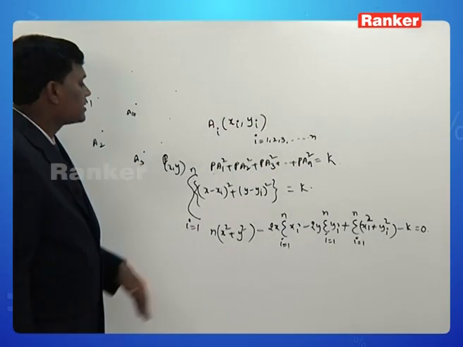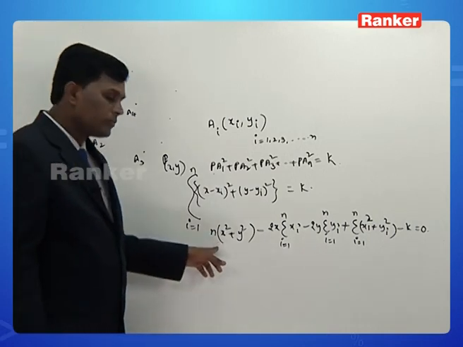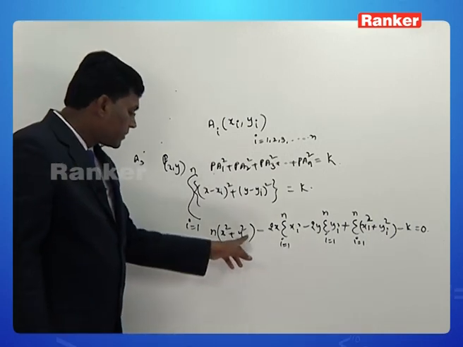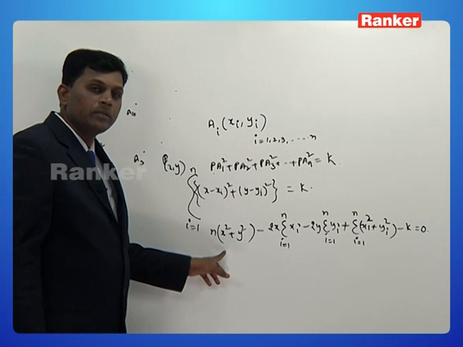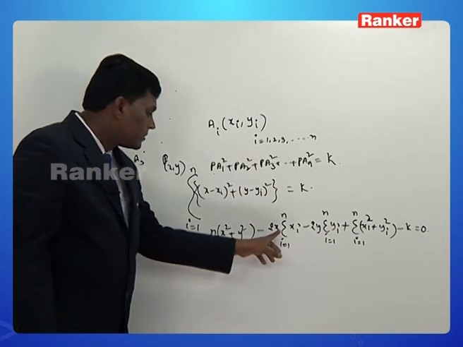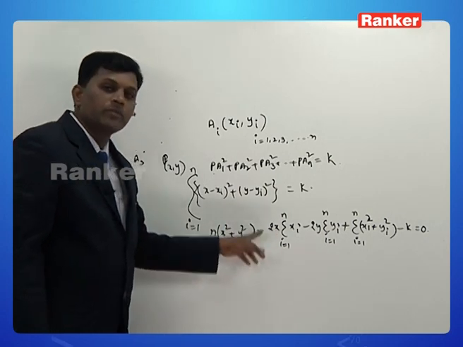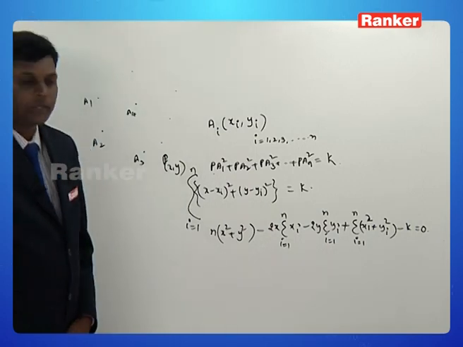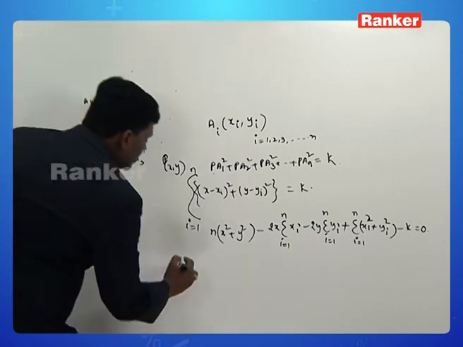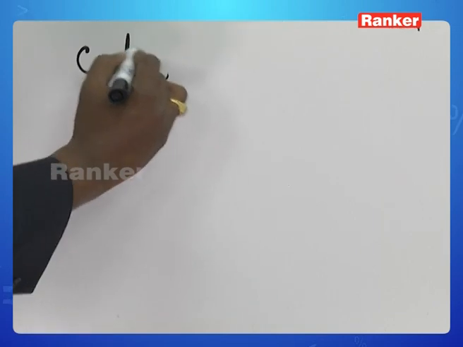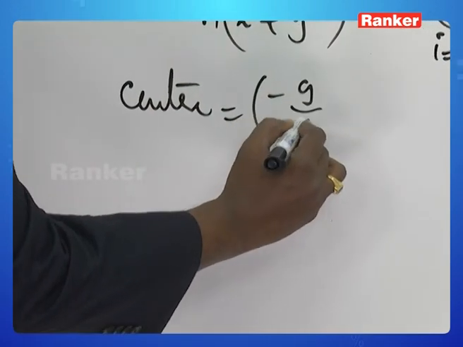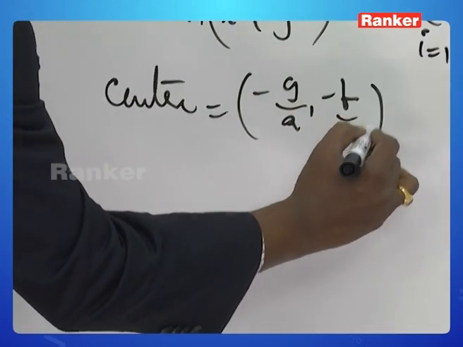Now if you analyze this equation, just observe here. The x square and y square coefficients are equal and the xy term is 0. Definitely it represents a circle whose center will be (minus g by a, minus f by a).